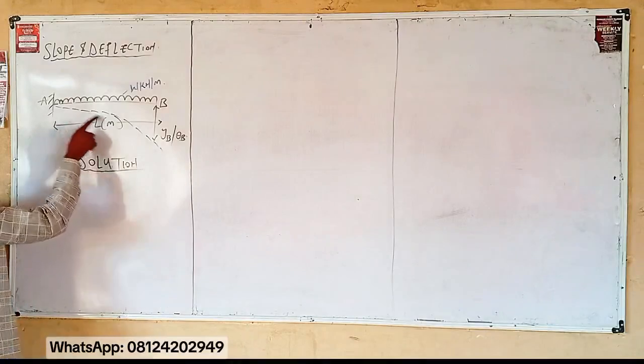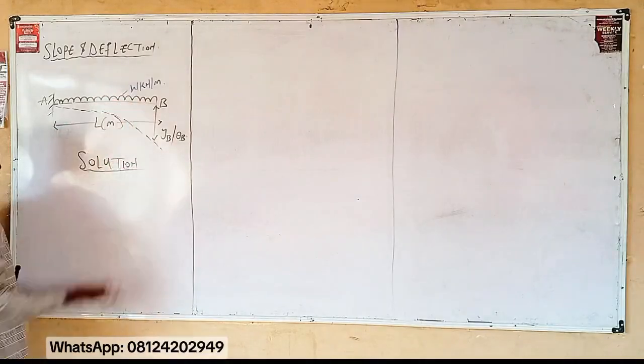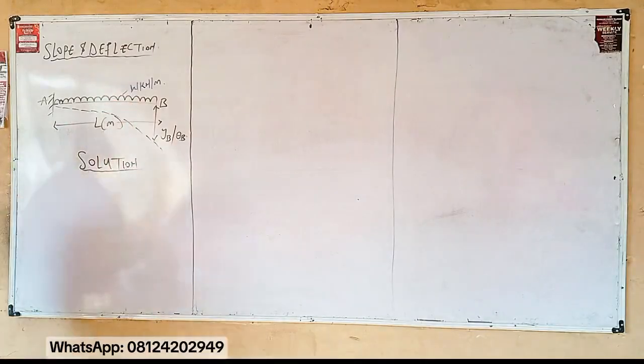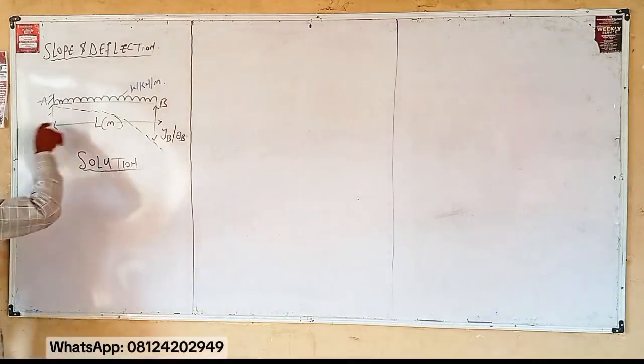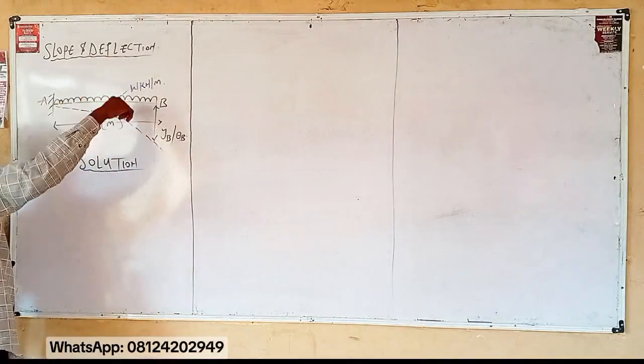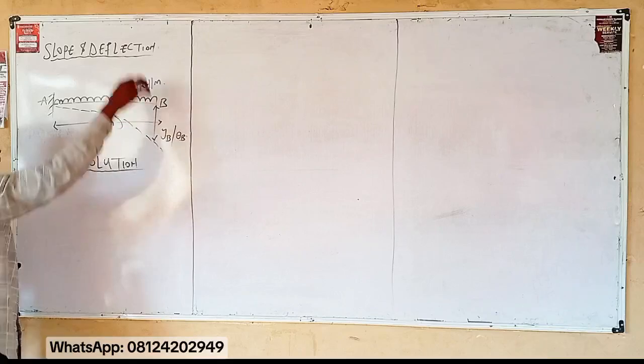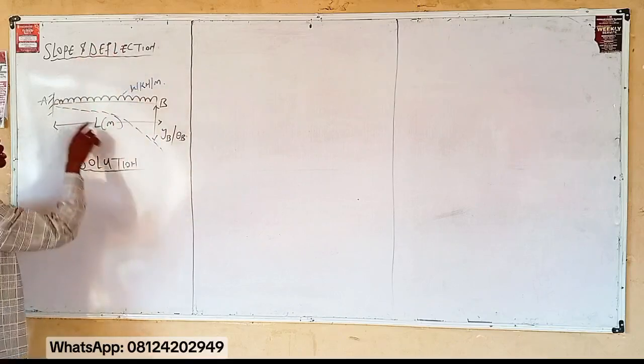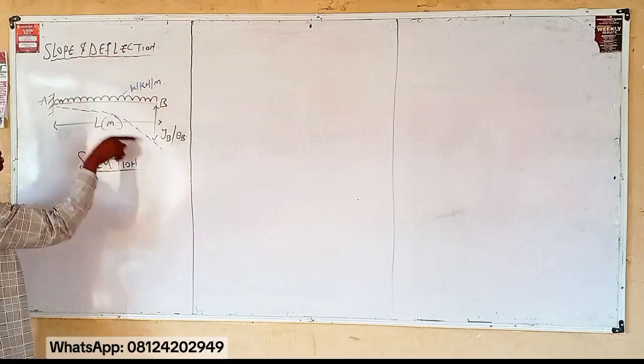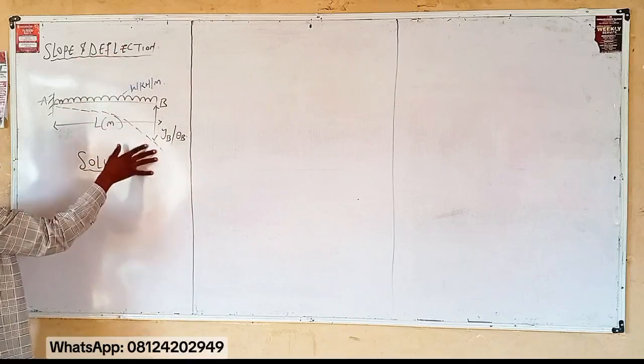Now, what this line means is that when this is a UDL, your cantilever beam can be loaded with any type of load. In this case, it is loaded with a UDL. By the time this beam is loaded with a UDL, it is going to deflect. And this line that you are seeing is what we represent as the deflection.